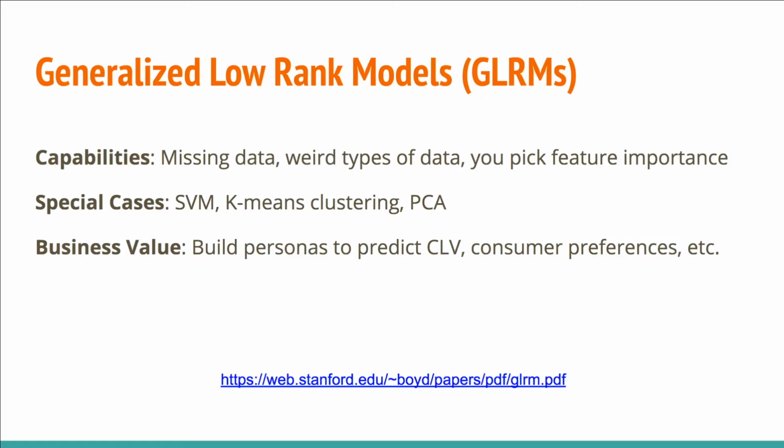So this is where this new model comes in, and we're going to call it generalized low-rank models. The reason we're calling it generalized is that it takes these concepts that we see from other clustering models: a support vector machine, k-means clustering, principal components analysis. There's one concept that these all have in common, and that concept is there's a way to group your customers in a way that will best represent your original data.